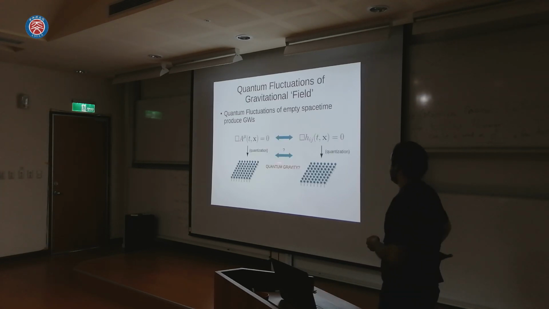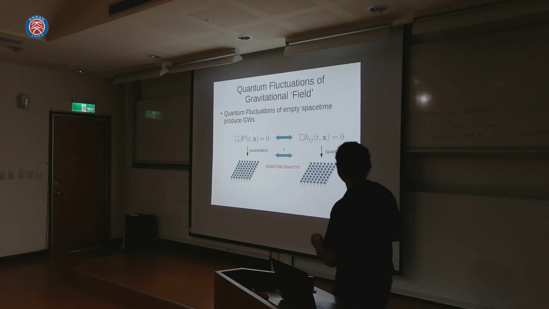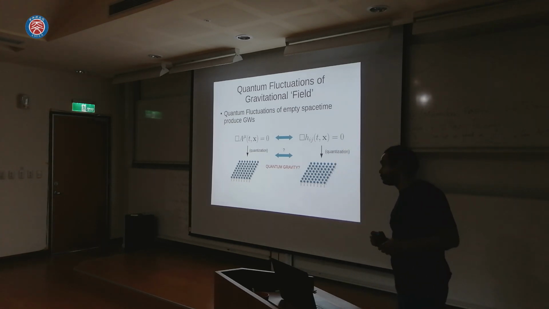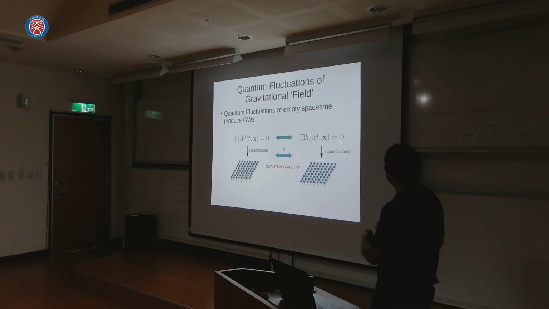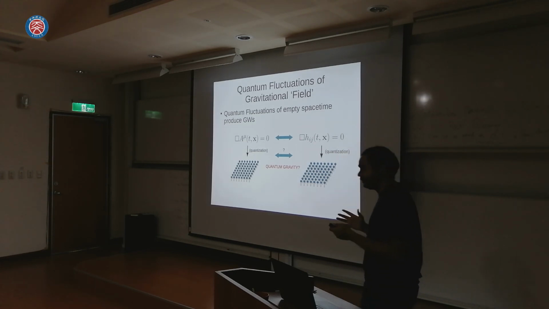We saw earlier that Maxwell's equations in empty space-time give the following equation. This we wrote as a sum of harmonic oscillators, and we quantized each of these harmonic oscillators to get the quantum mechanical description of electromagnetic fields. In analogy, we have the same equation now for gravitational waves.